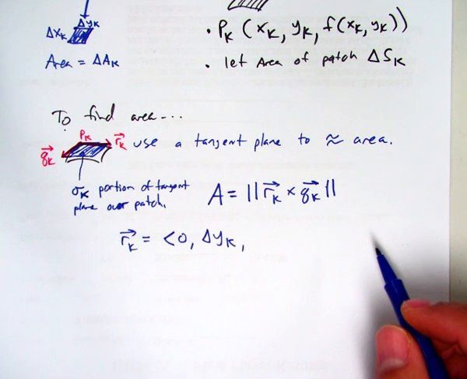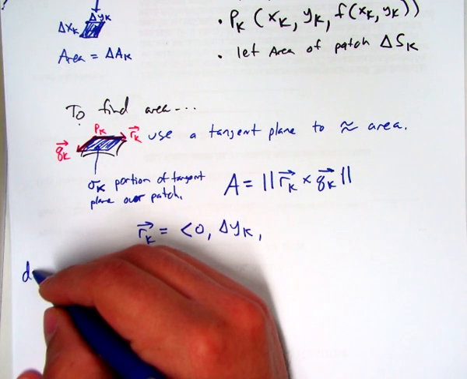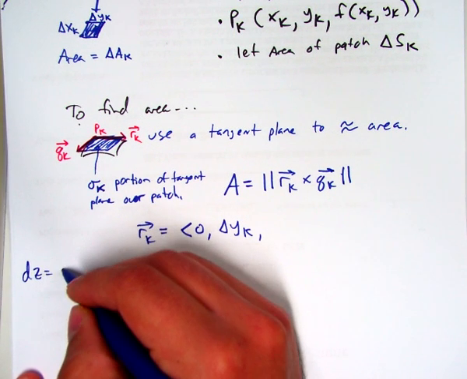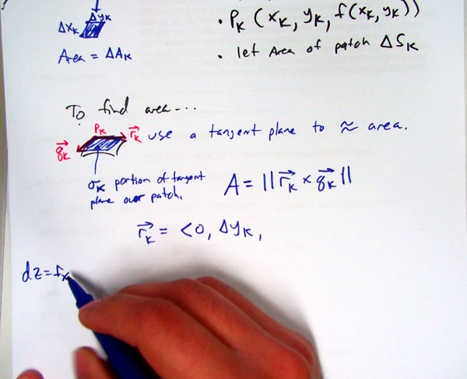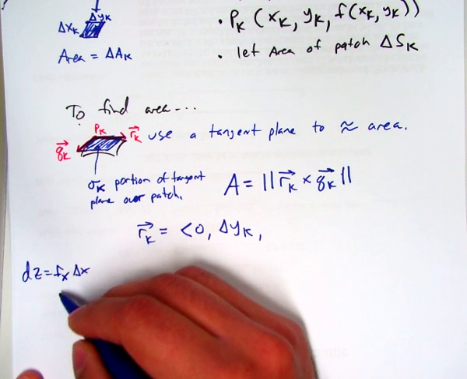Partial y partial z. Close. This is the linear approximation. So the differential is partial x.